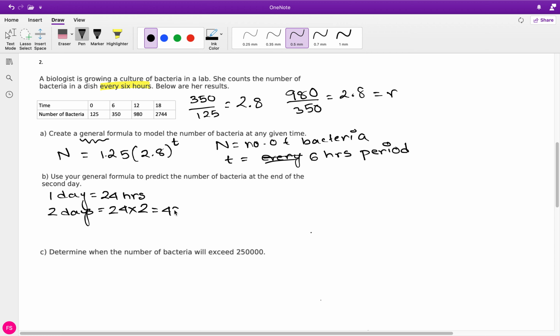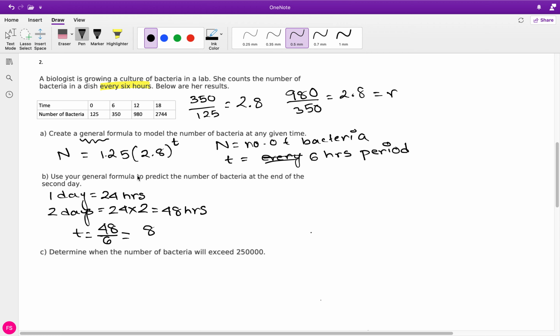That is actually 48 hours. But because this t is for every 6 hours, you need to find what this t is. So you have to divide the total number of hours by 6, because you are counting the number of bacteria every 6 hours. 48 over 6 will give you 8. That means t is 8.